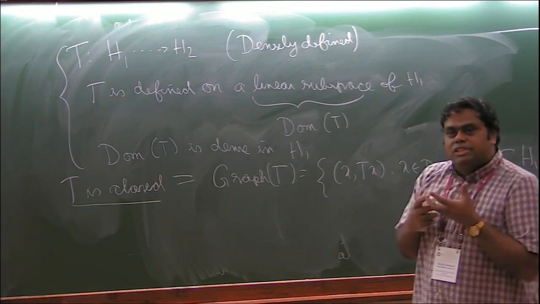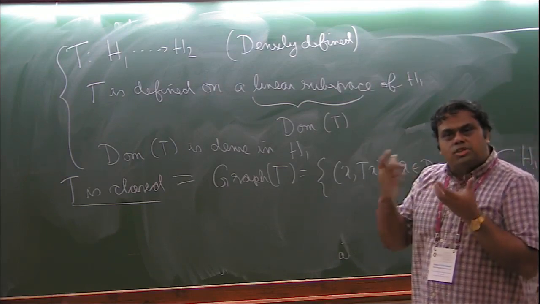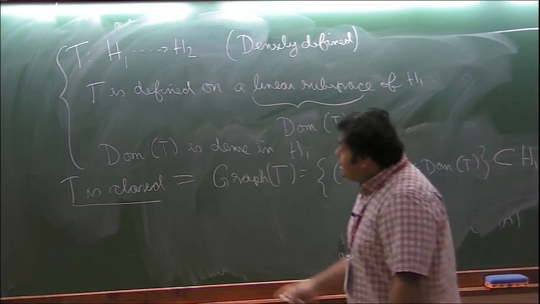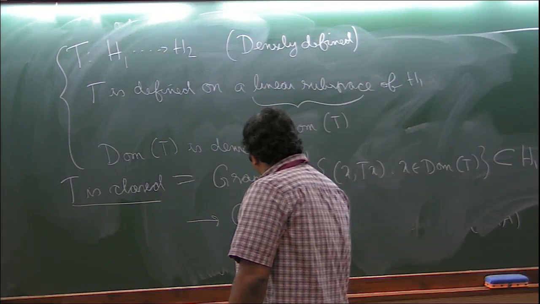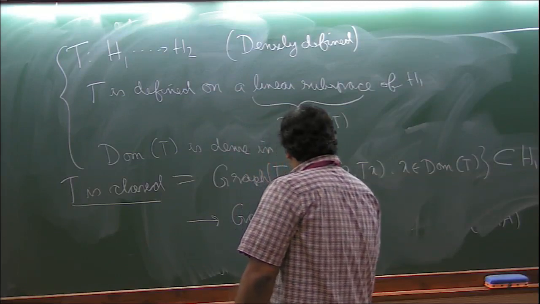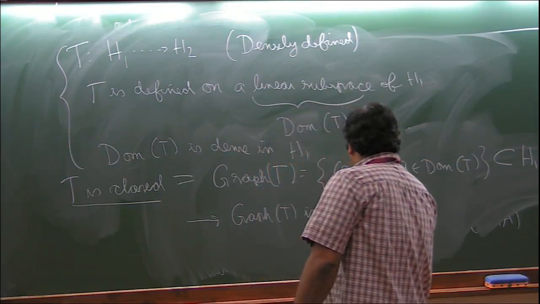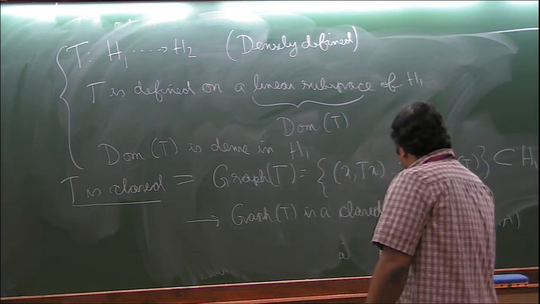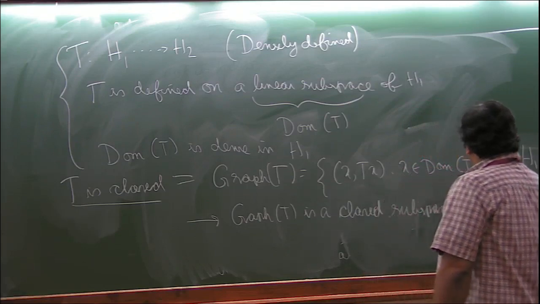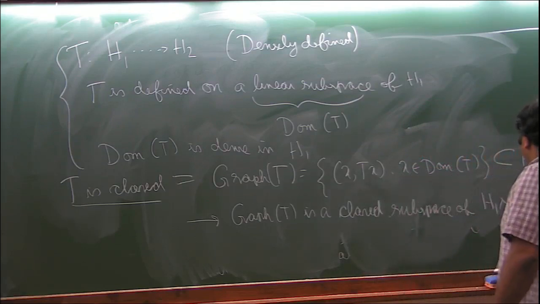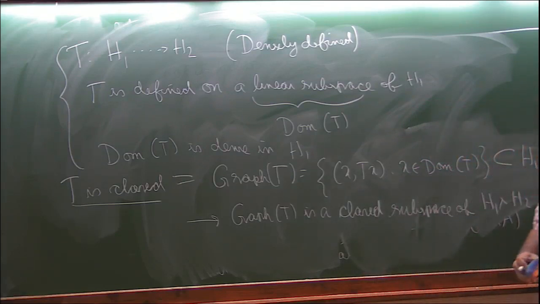To say that T is closed means this graph of T is a closed subset, in fact a closed linear subspace, of H1 cross H2, which is itself a Hilbert space in a natural way. You take the product of two Hilbert spaces, you get a Hilbert space.